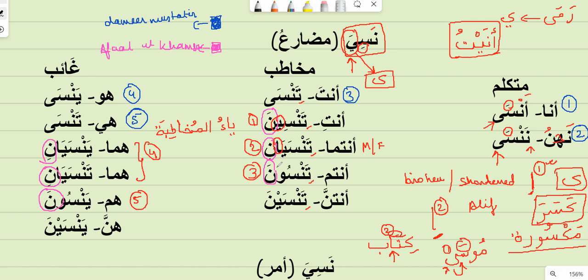And what is the difference between tansa, ansa, nansa? In these 3 you can see the alif makhsura, but the moment it comes to afalul khamsa, what's happening? The original ya, the weak letter, is coming back. Tansayani.